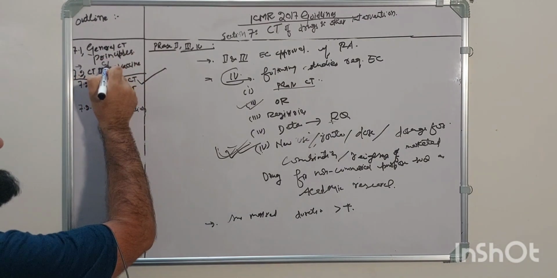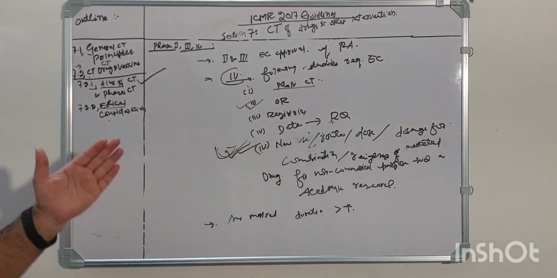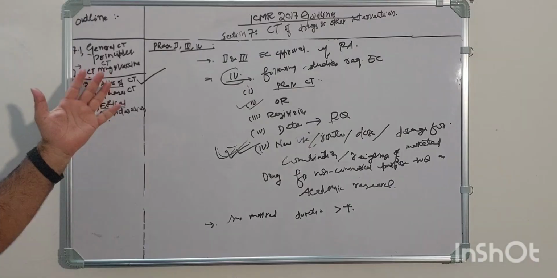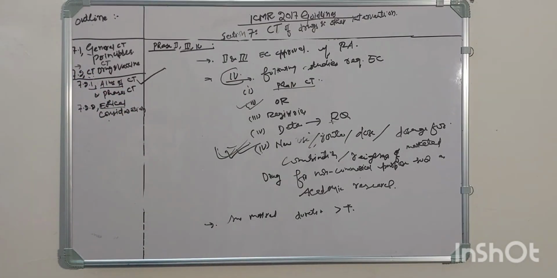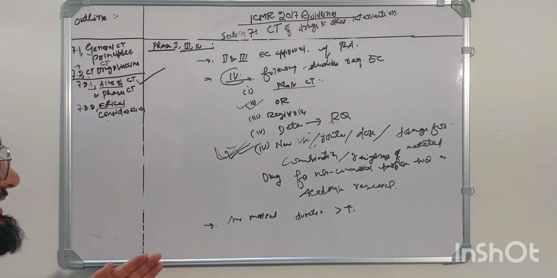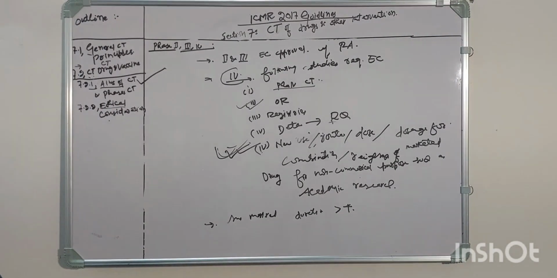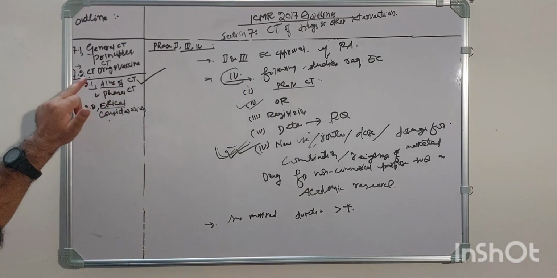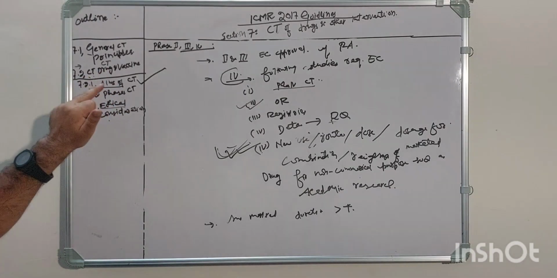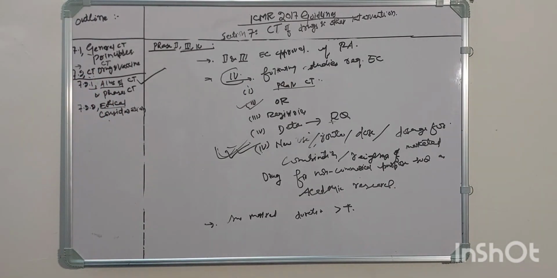Then second, we gave the definition of clinical trial. Under the definition, we learned that in a clinical trial any kind of intervention can be studied: drug, vaccine, phytochemical, surgical intervention, medical devices. Then next we discussed specific interventions.